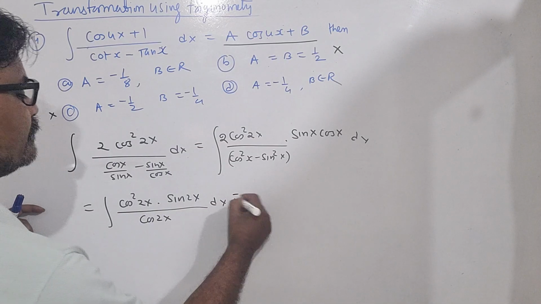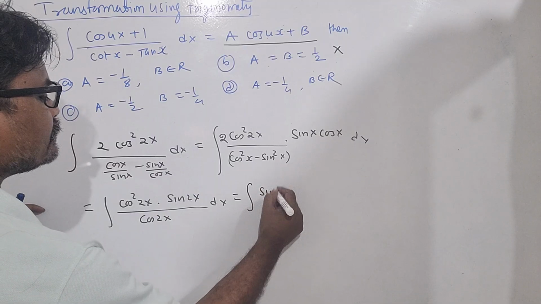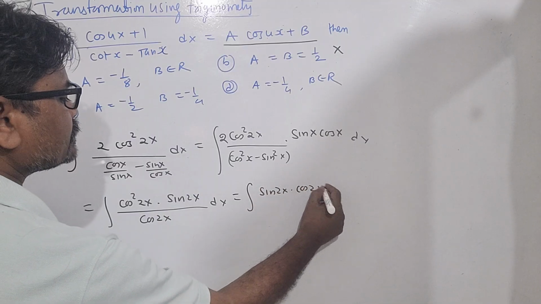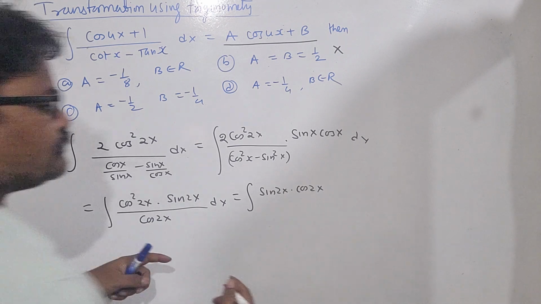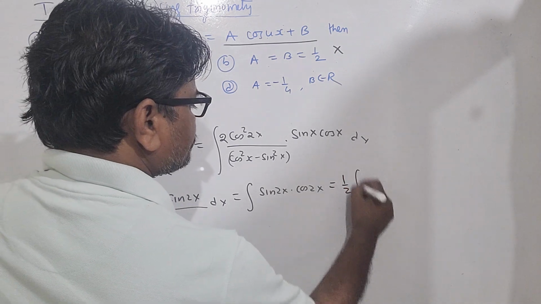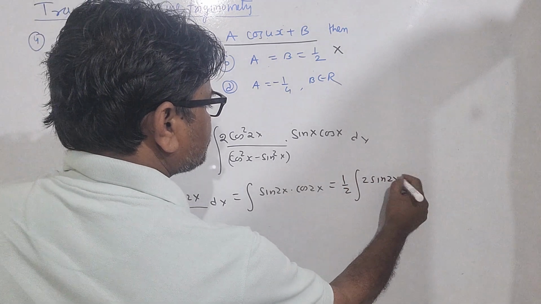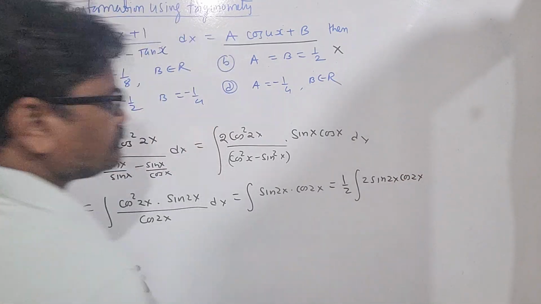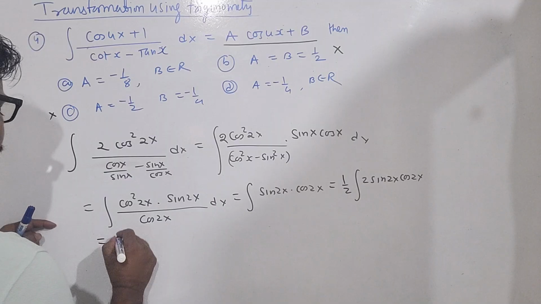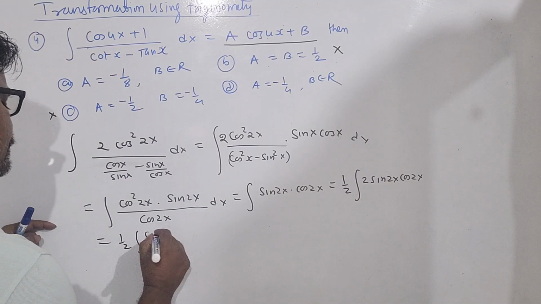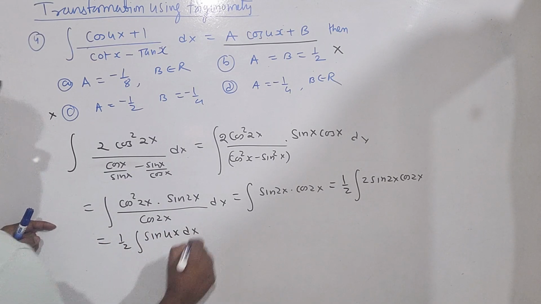So therefore I will remain with sin 2x into cos 2x. Correct? I can again apply the trigonometry, multiplied by 2 and divided by 2. So this is 2 sin 2x cos 2x. Correct? Then this is what, sin 4x. So half into integration of sin 4x dx.